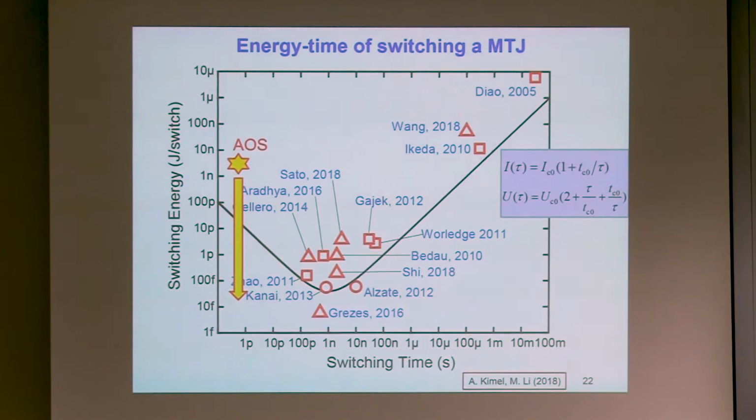It's really a thermal non-equilibrium process that destroys the thermodynamic system in a macroscopic thermodynamic system. So there's the potential that optical switching has both speed and energy benefits in terms of switching a magnetic tunnel junction device.